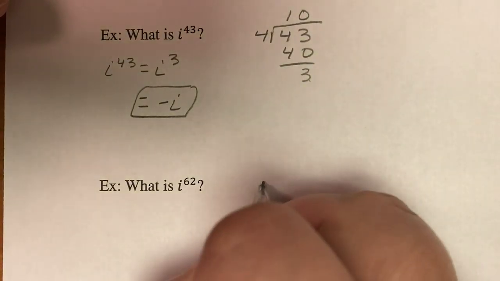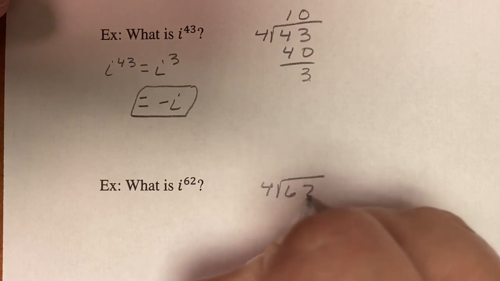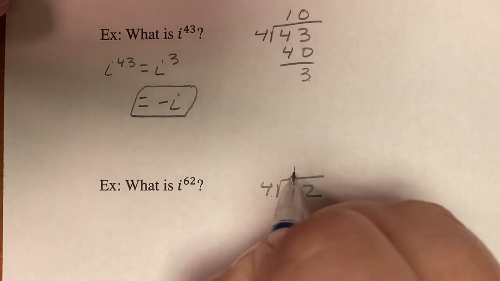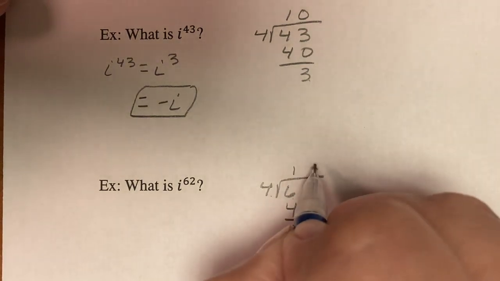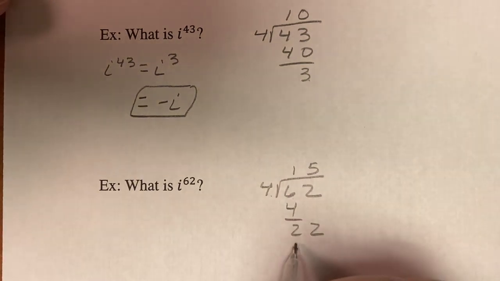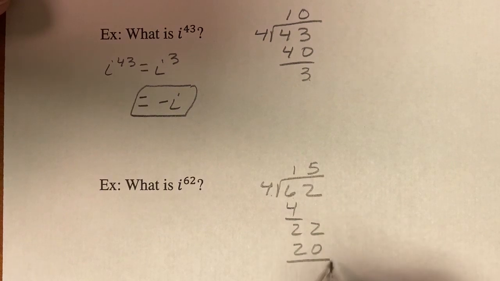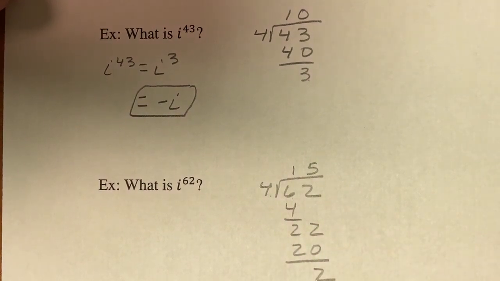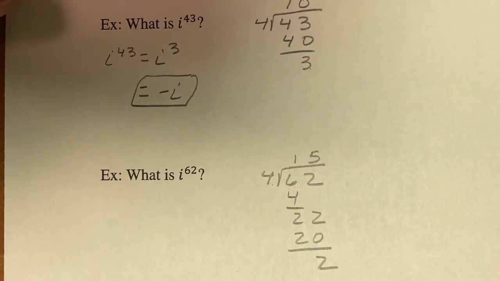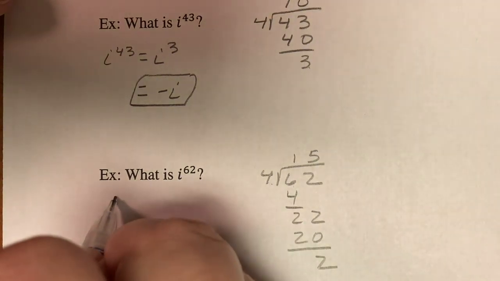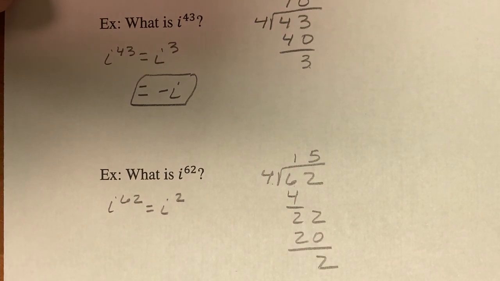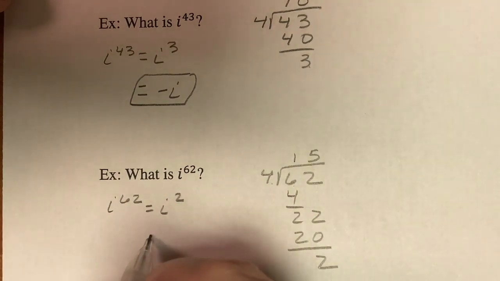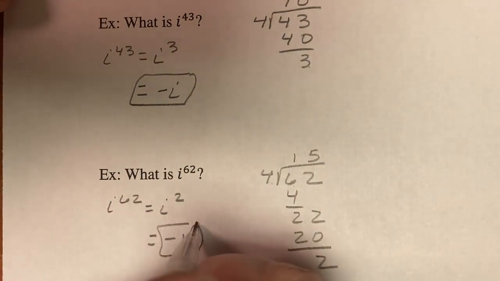i to the 62nd. Let's divide 4 into 62. Well, 4 goes into 6 once. 4 goes into 22, 5. The key is that there are 2 i's left over. So i to the 62nd is the same thing as i squared, which we know is negative 1.